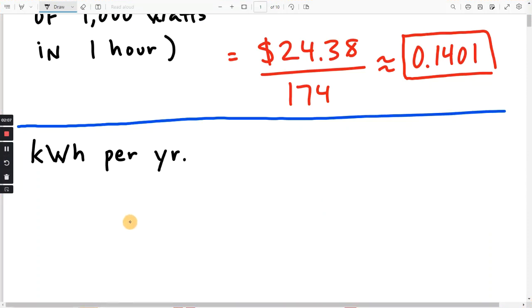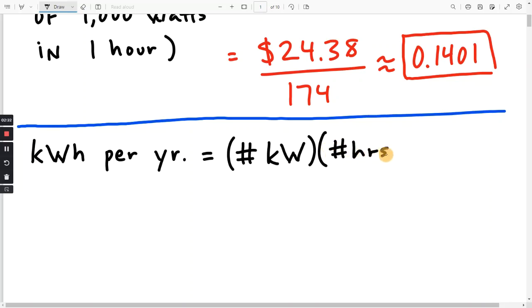The next thing we want to calculate for a 5-watt bulb is the number of kilowatt hours per year. That is just going to equal the number of kilowatts times the number of hours per year, the number of hours in a year.